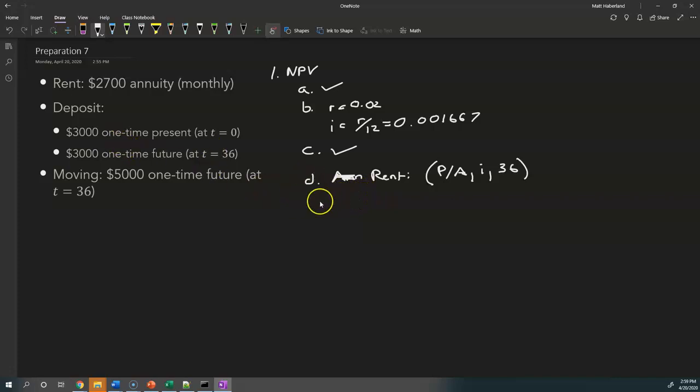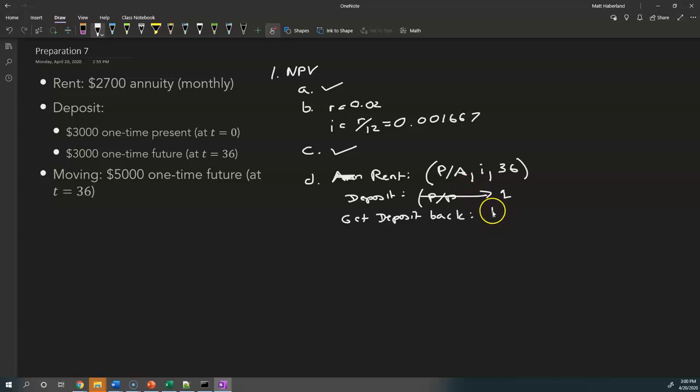Deposit. For the deposit payment, we're going to need a present over present, right? We pay the deposit at the present, so actually we just know that's going to be 1. We get the deposit back, and for that we're going to have to convert that future payment at t equals 36 into a present value.